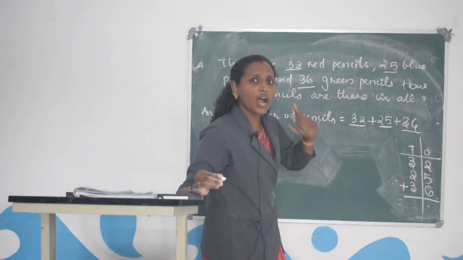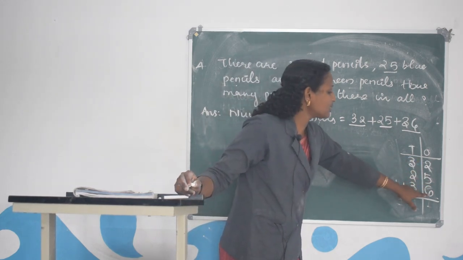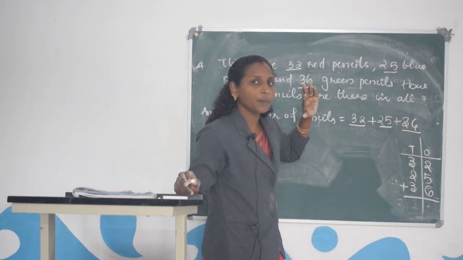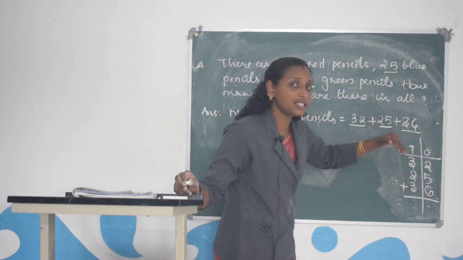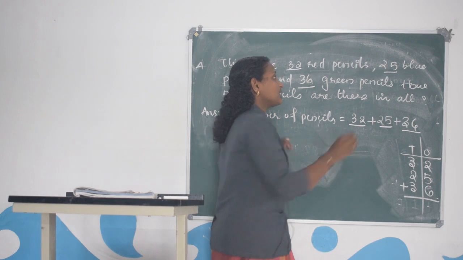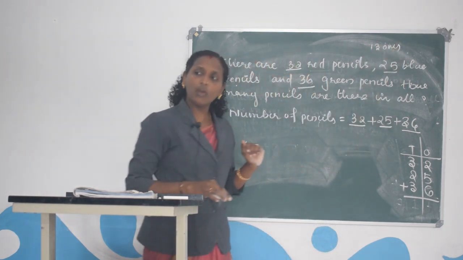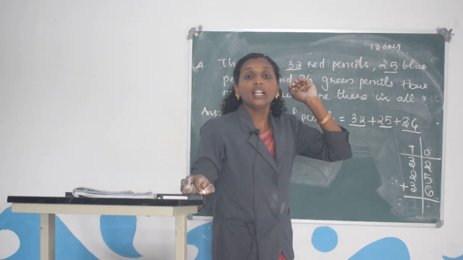Then first we have to add the ones. 2 plus 5 plus 6. 2 plus 5 is 7. 7 plus 6 is 13.